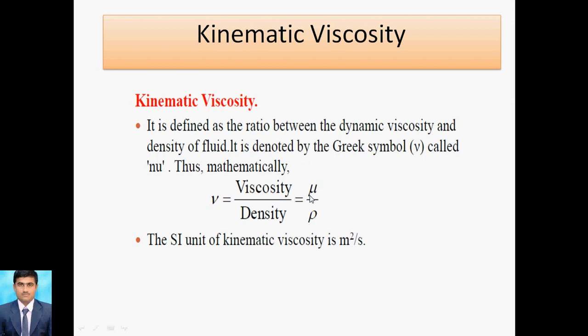After solving the units, we get meter square per second. So the unit of kinematic viscosity is meter square per second. The difference between dynamic and kinematic viscosity is that dynamic viscosity is measured in Newton second per meter square, and kinematic viscosity is measured in meter square per second. So as per our requirement, we can measure accordingly.